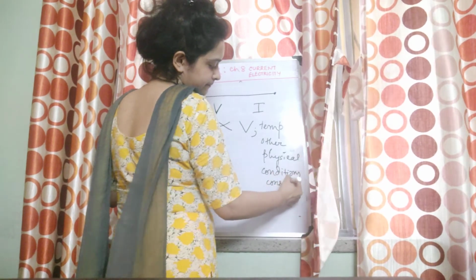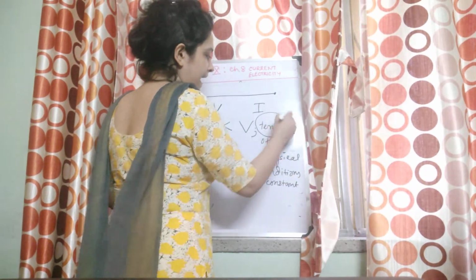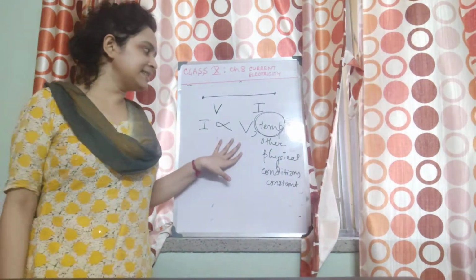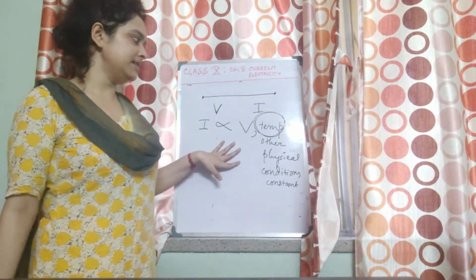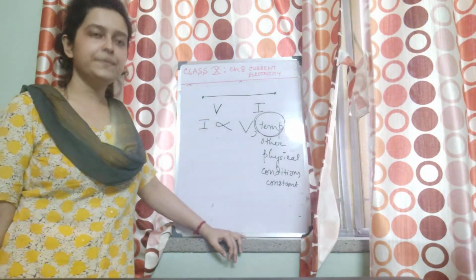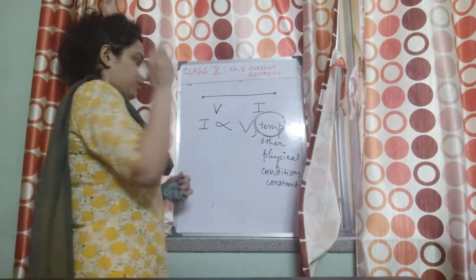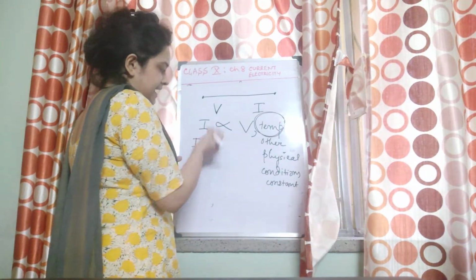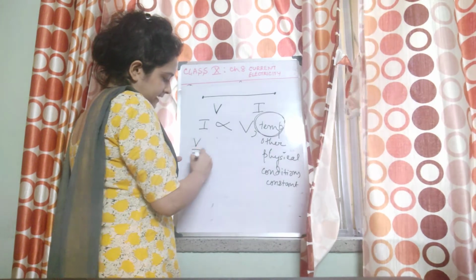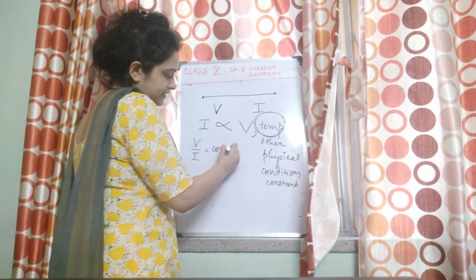Why? Why is the temperature to remain constant? He did this experiment and he found the result, provided the temperature remains constant. Why? I'll tell you. First see, if this is so, can I write V by I equal to constant?